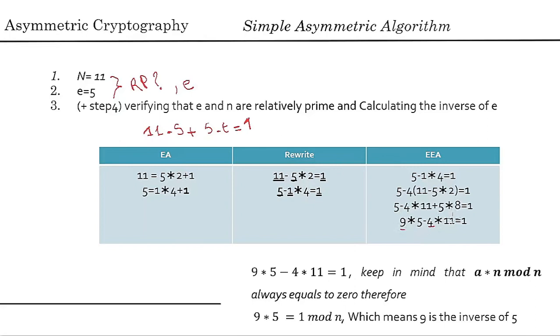But we can quickly eliminate this, because any number A times n mod n would always be equal to 0. So I have 9 times 5 is equal to 1, which means the inverse of 5 is 9.